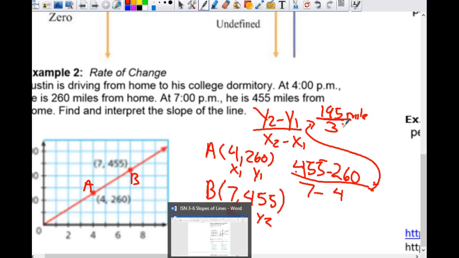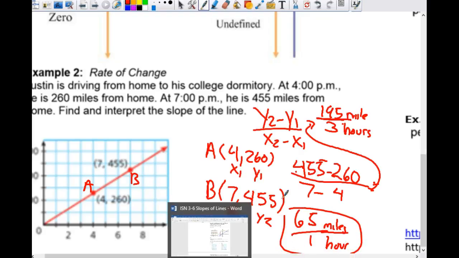Time, which was in hours. 195 miles in 3 hours. You can simplify that by dividing it by 3, and it becomes 65 miles per 1 hour.